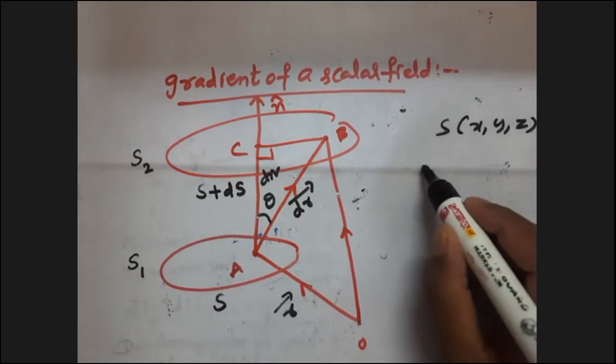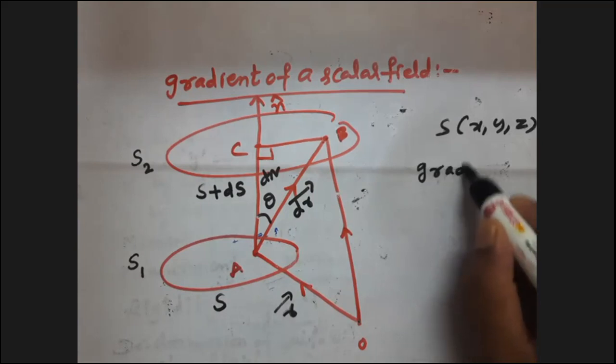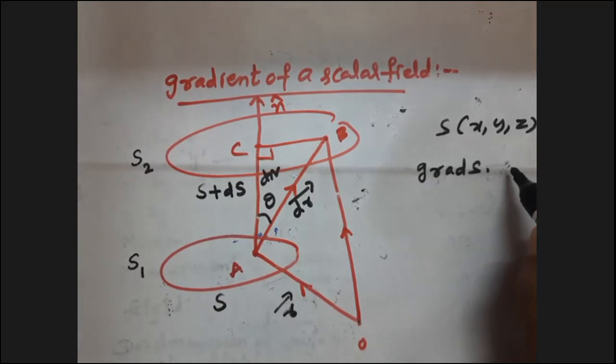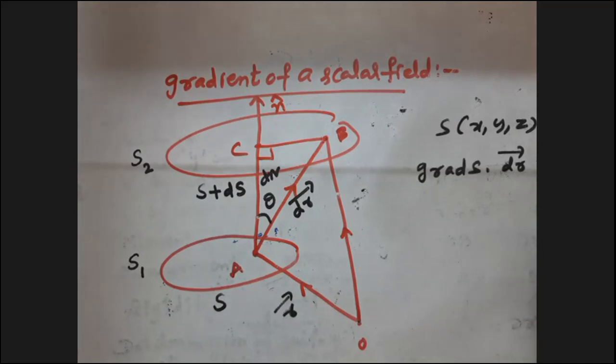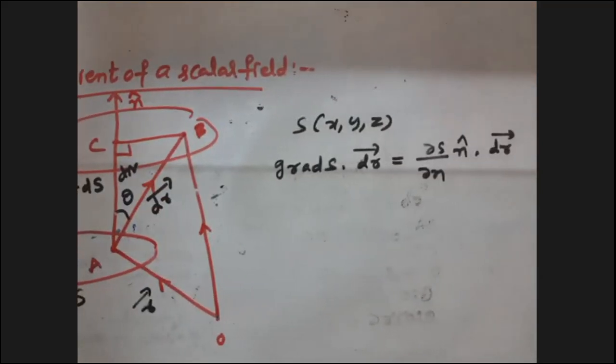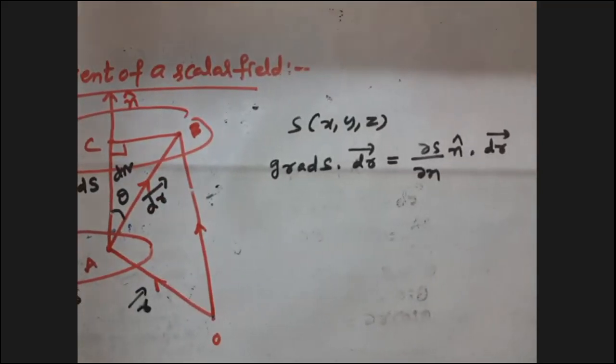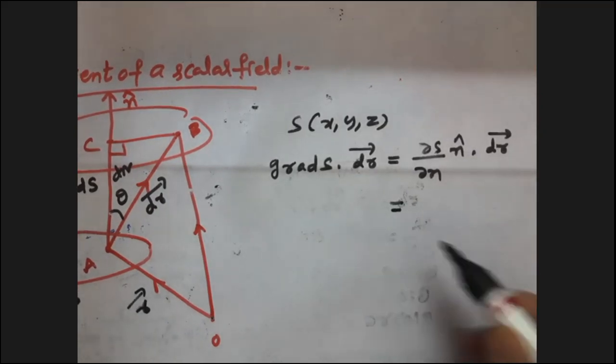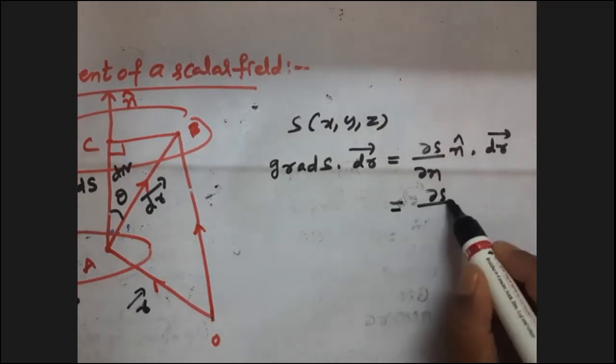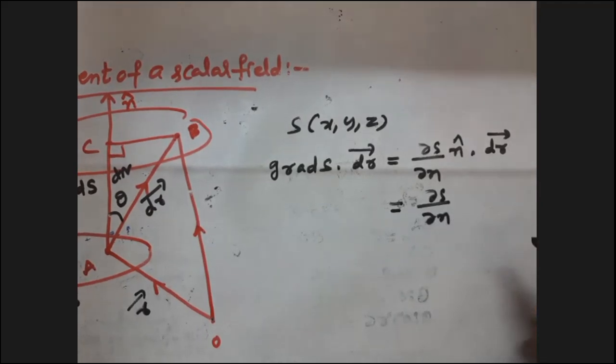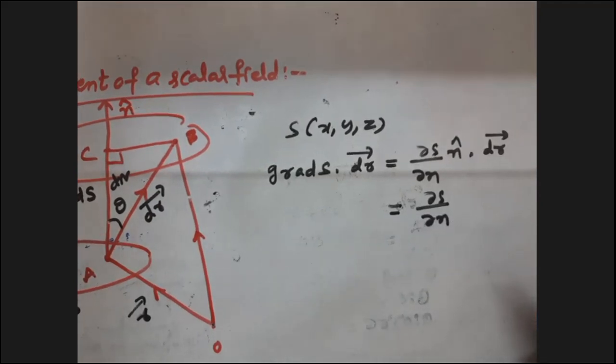you consider grad S dot dr bar, that equals grad S. Already we got the expression dou S by dou N into n cap dot dr bar. This is equal to dou S by dou N times a bar dot b bar, formula ab cos theta.